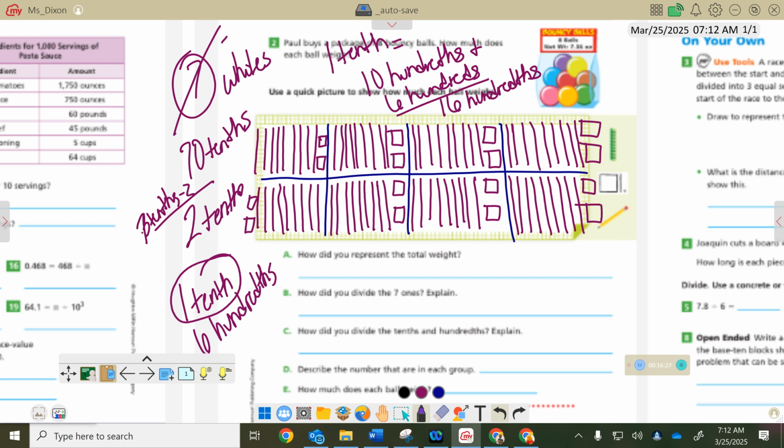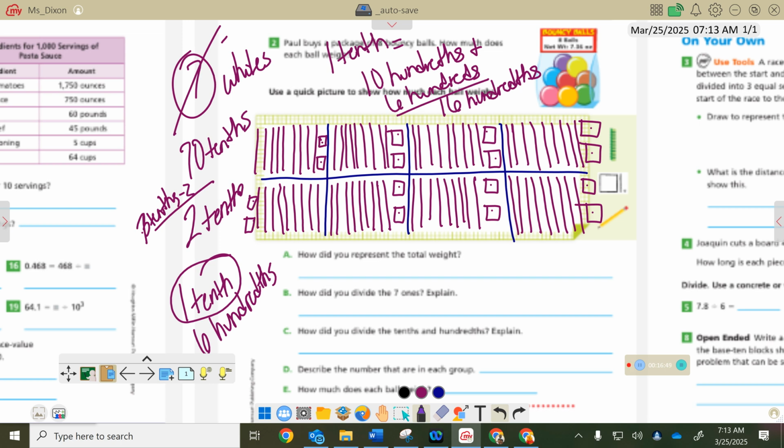Count those. Make sure that's 16 hundredths. 1, 2, 3, 4, 5, 6, 7, 8, 9, 10, 11, 12, 13, 14, 15, and 16. So that would be our 16 hundredths.